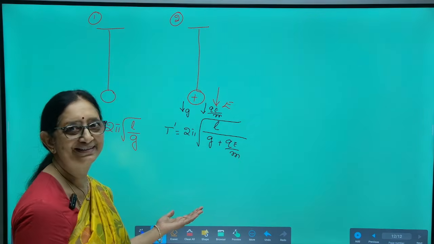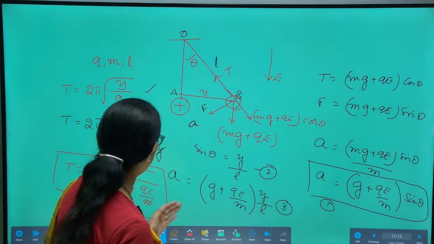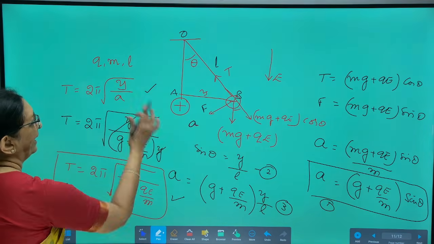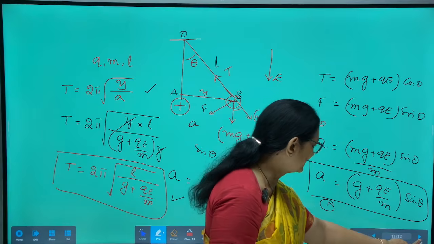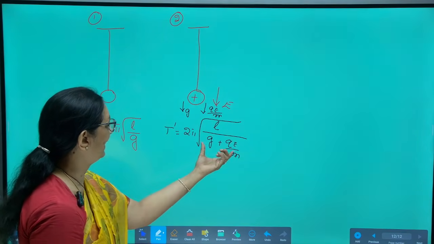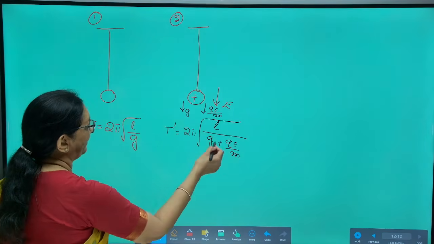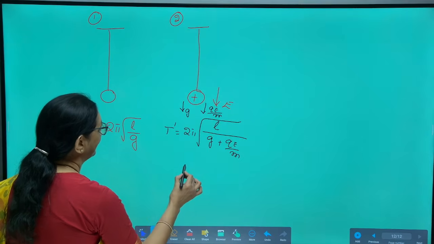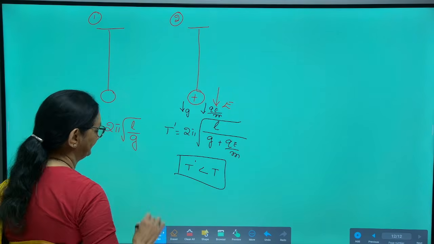How simple is this? So, actually, if you just look at that, that's what we have derived after doing all these things. Just from common sense, you can say g and QE by m are in the same direction, T dash is 2 pi root L by (g plus QE by m) and T dash is less than T here.